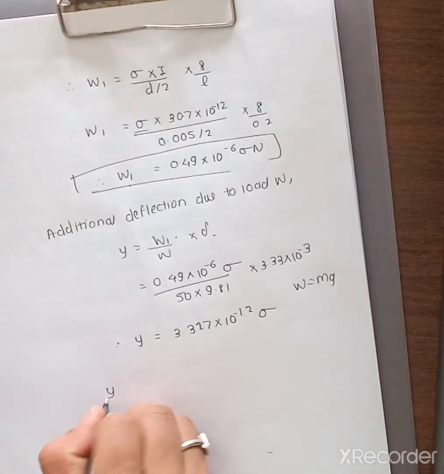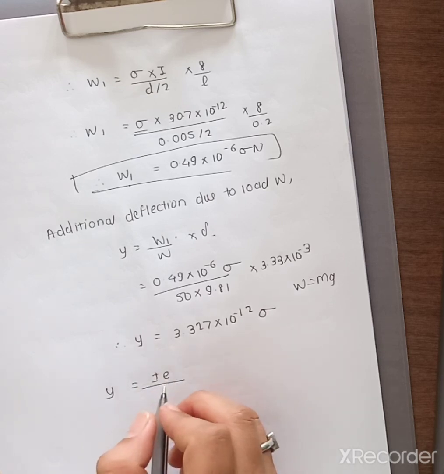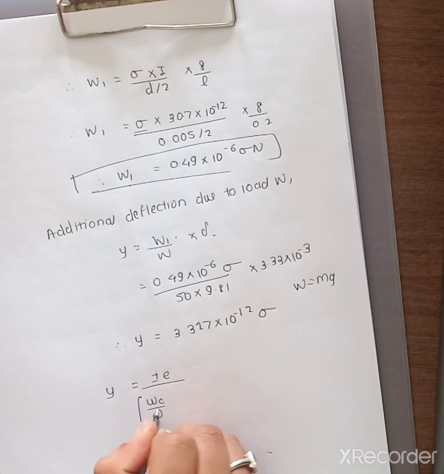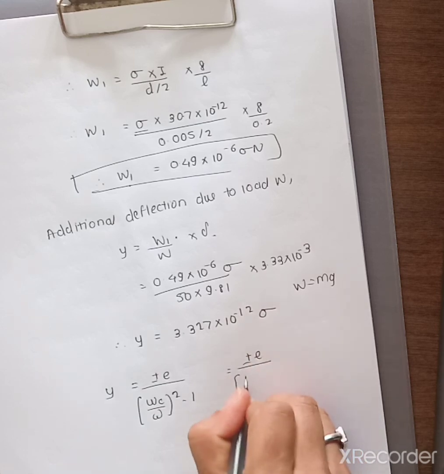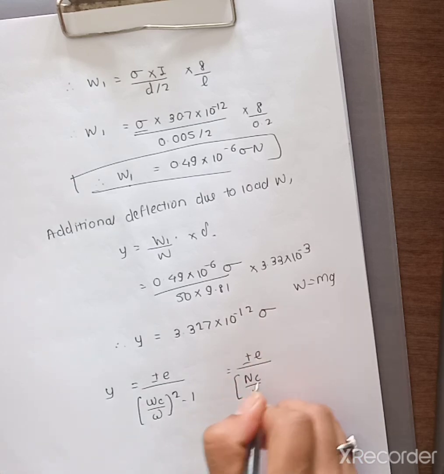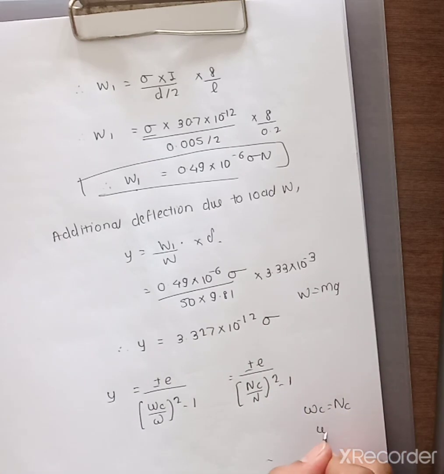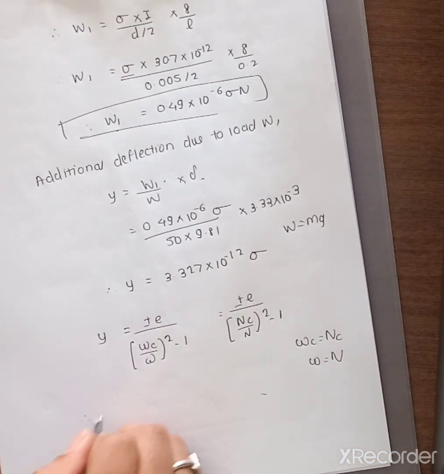Now we all know one more formula for y, that is plus minus c upon (omega c upon omega whole bracket square minus 1). By resolving it we can obtain (NC upon n whole bracket square) minus 1, as we all know omega c is equal to NC and omega is equal to n. Now we will put values in this formula.